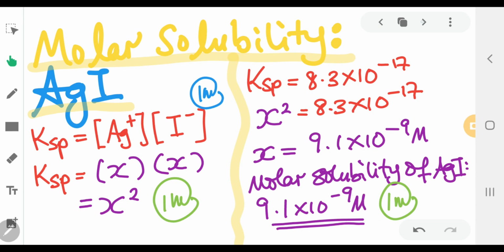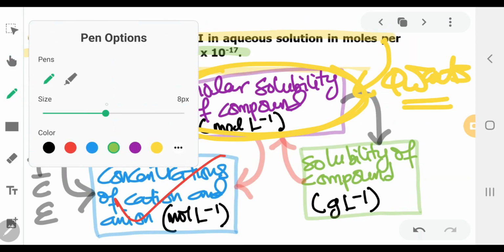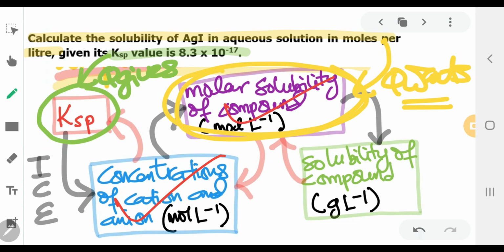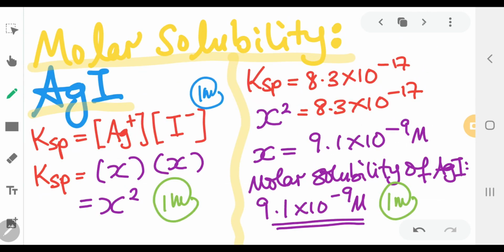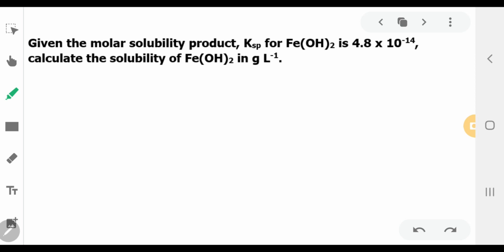Okay, so we're done with that one. If you go back to your flowchart, we have done this. Now, for the final example in this video, we need to find the solubility of Fe(OH)2, iron hydroxide, in terms of grams per liter, as you can see right there.